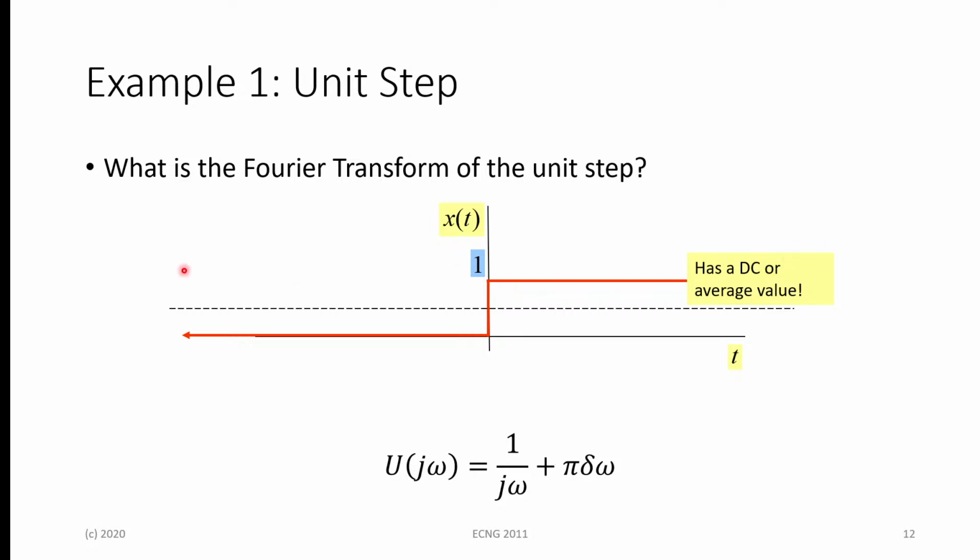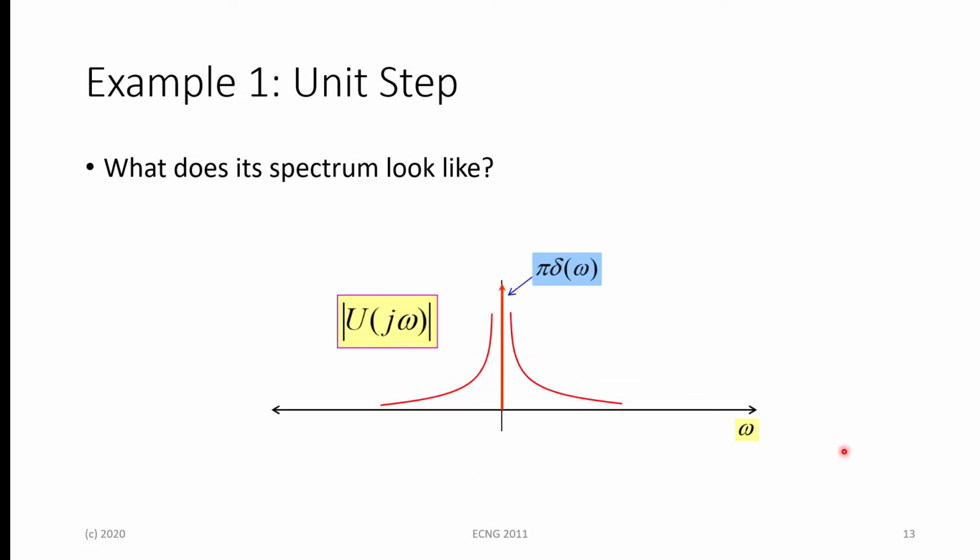So we have our Fourier transform of the unit step here as given by U of j omega, and we need to observe what this looks like with respect to omega, so basically the spectrum of the signal. When we plot this with respect to omega, we get this signal here giving us asymptotes for that 1 on j omega value in particular.